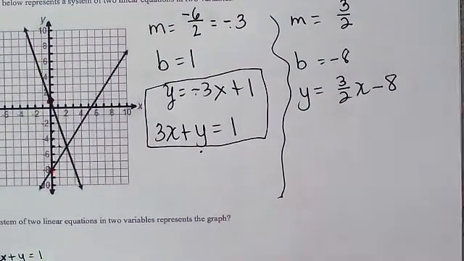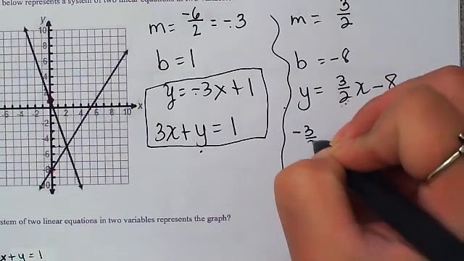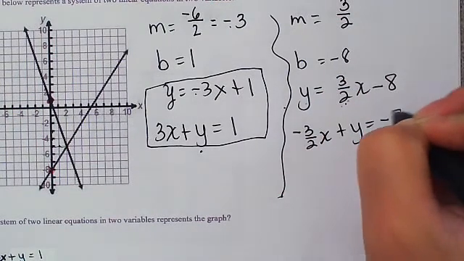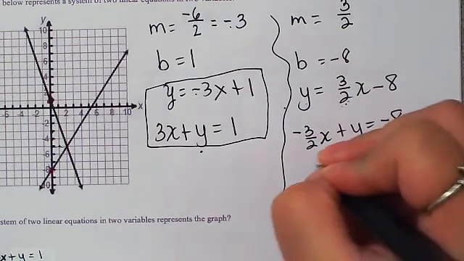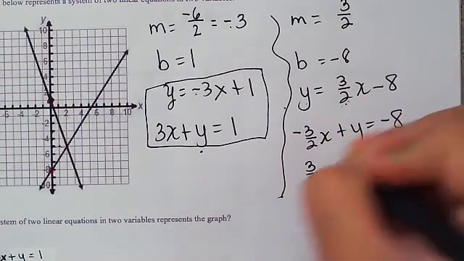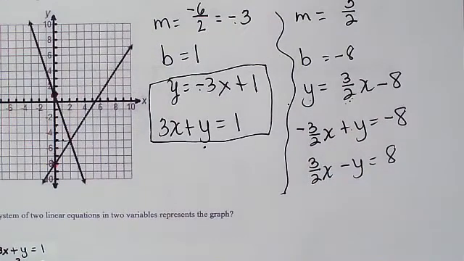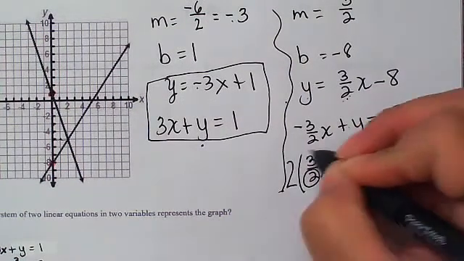But just in case you want to change it to standard, just in case that instead of this one, they put the standard version. So that means you would move this guy over. So if he's positive, he's going to become negative. You still have your plus y. Now you just have your negative 8. We're breaking the rule. We can't have negatives on the x. So we're going to make it positive, make it negative, and make it positive. You just change the sign of everyone. And we cannot have fractions.